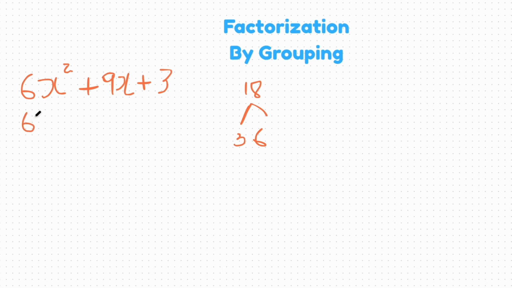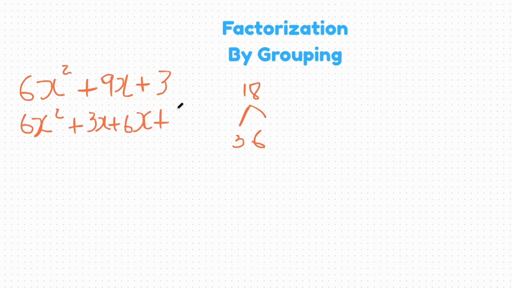So 6x squared plus 3x plus 6x plus 3. Now that we have 4 terms, we can go ahead and factorize by grouping.